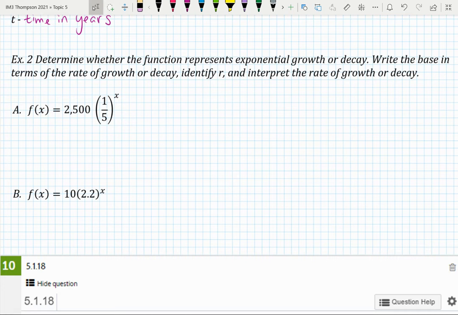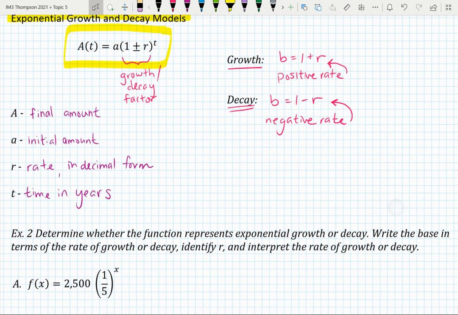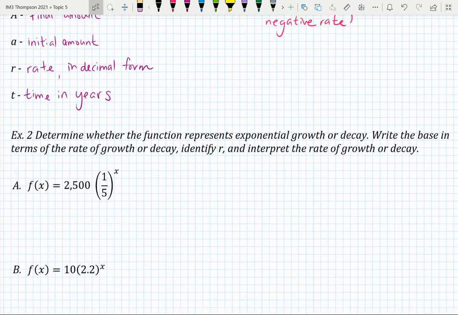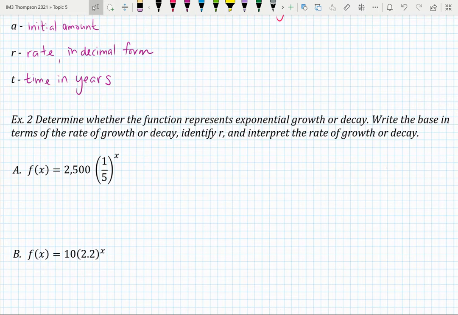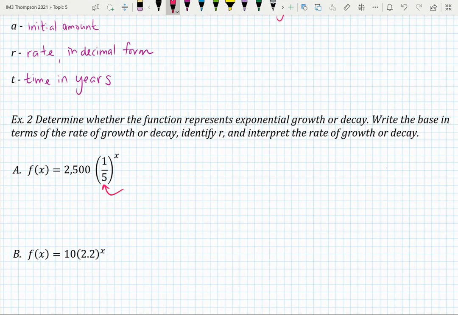Okay, great. So we've got all this information up here. Basically, 1 plus r is an exponential growth and 1 minus r is an exponential decay, which means that if it's a number bigger than 1, it's a growth. If it's smaller than 1, then it's a decay. So if I look at this example, 1/5, that's going to be a decay.